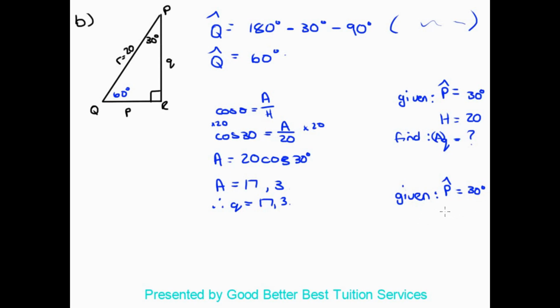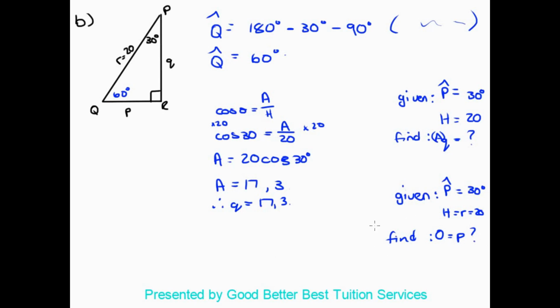We'll say given the hypotenuse, which is equal to R, which equals 20 units in length, and then we need to find P, or the opposite side. So P is what we need to find.